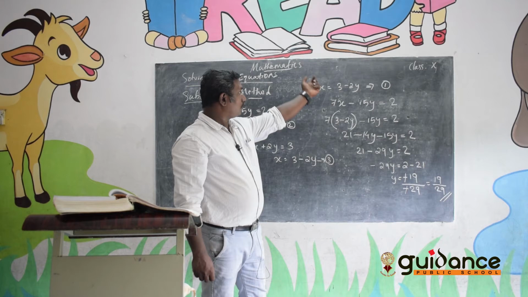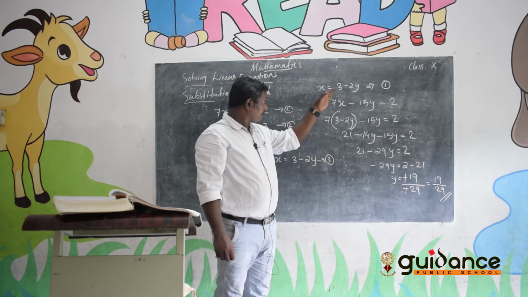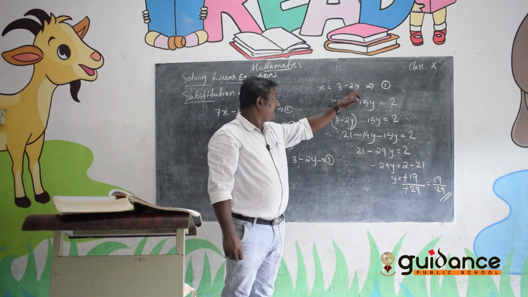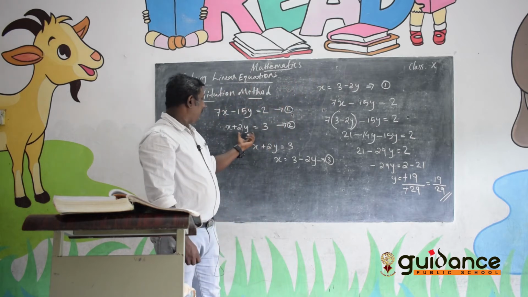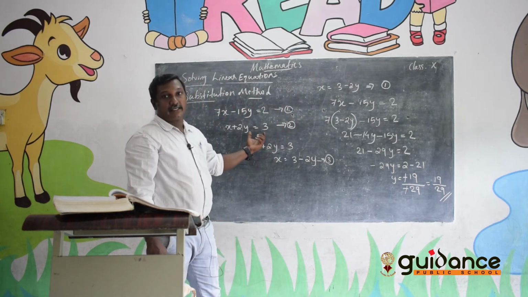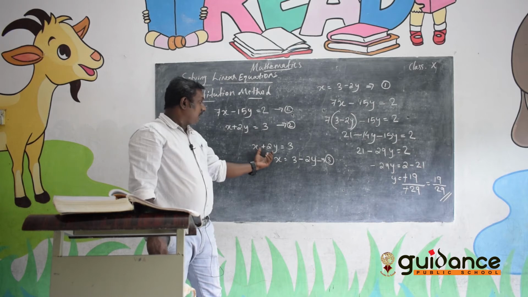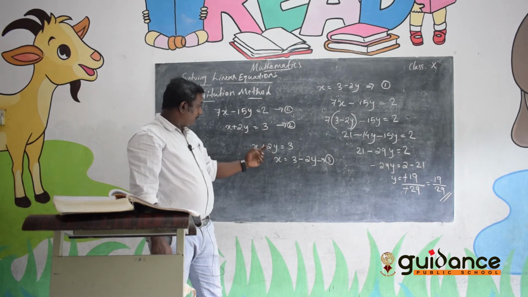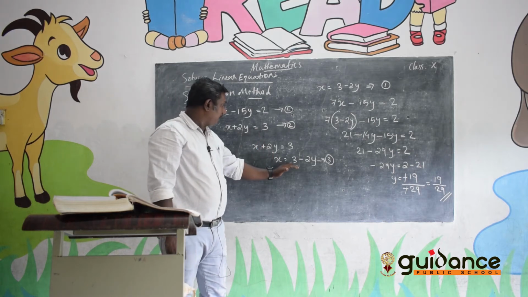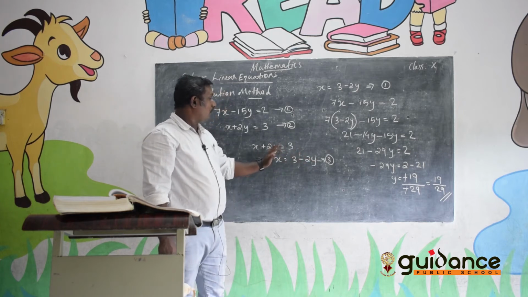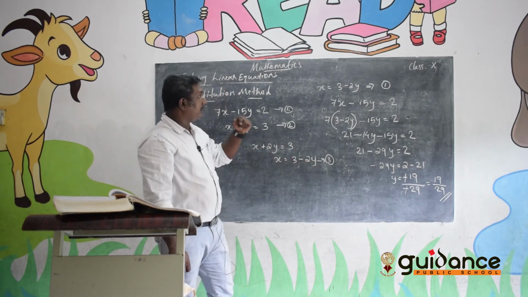Look here, what procedure did we follow? x equal to 3 minus 2y is the value we got from solving the second equation. Firstly, we solve the second equation, bringing 2y to the right side, so x equals 3 minus 2y.